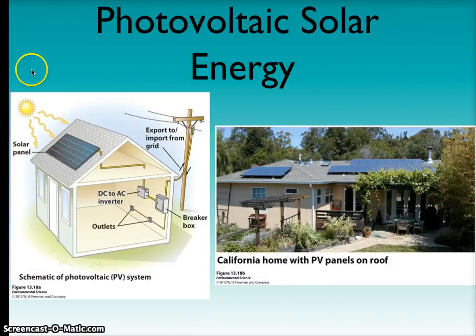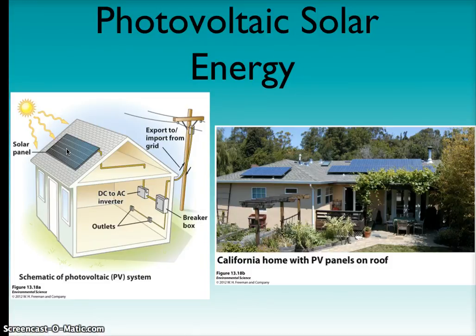We've got our photovoltaic panel up here, and again it absorbs the sun's energy. And these photovoltaic solar panels are very thin, ultra clean layers of materials, and they are able to generate a low voltage electric current when they're exposed to direct sunlight.